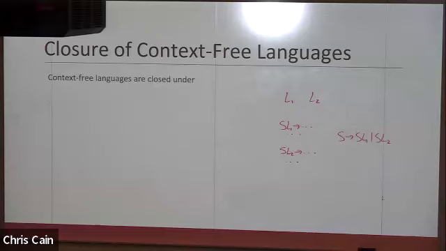If both accept it, then it doesn't matter what we pick. But with non-determinism, one of these is going to return success, the other is going to return success, or they're both going to return success, which is the definition of set union. So it makes sense that context-free languages are closed under union.